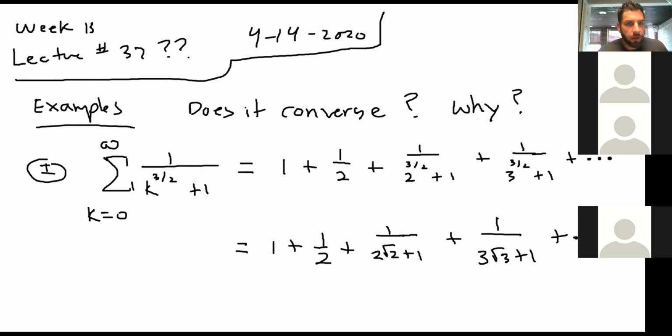So if I go to the next page, let me write that down, because this is important for me to note. So this is just for me. So note, this part right here looks like a P-series.